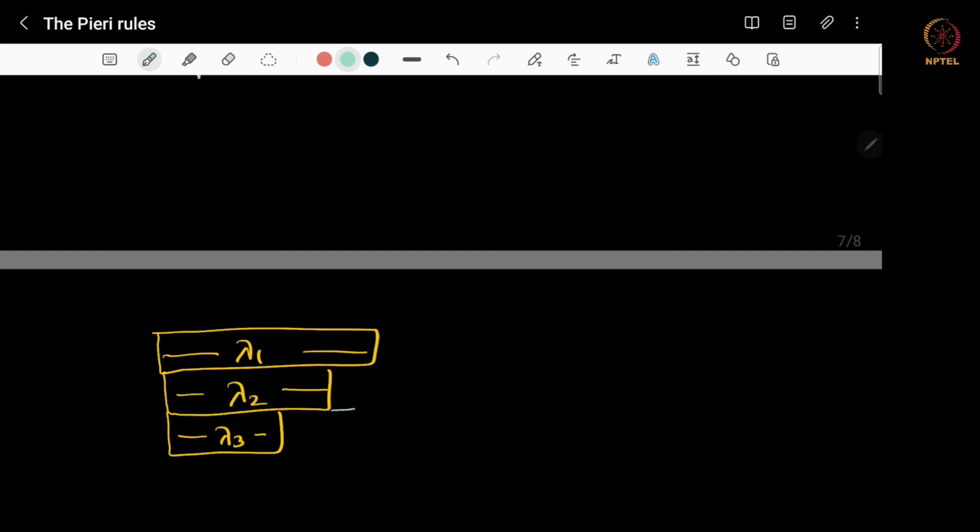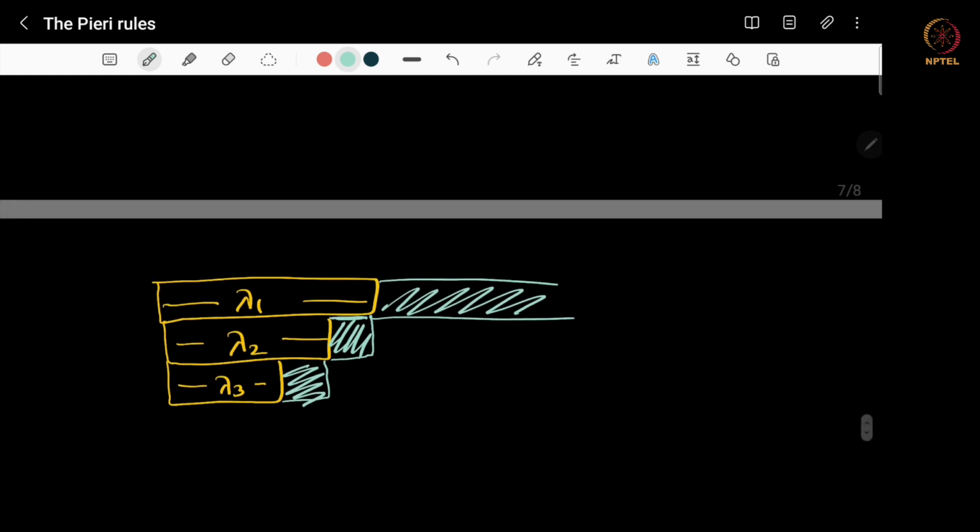Which means how much I add here is at most the difference between the one part above and this one. This is the maximum I can add. Similarly, the alpha I can add to this is at most this much, because it's the difference between lambda 2 and lambda 3. The first part of course is an exception. There is no condition; alpha 1 can be anything. The last one, there is a condition again, that at most it can be this much. This is the maximum I can add there.